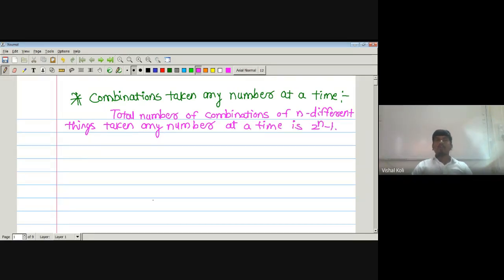That is, if there are n things and we have to find out the total number of combinations on these n different things by taking any number at a time, it is nothing but 2 raised to n minus 1. Actually we have to prove this one.